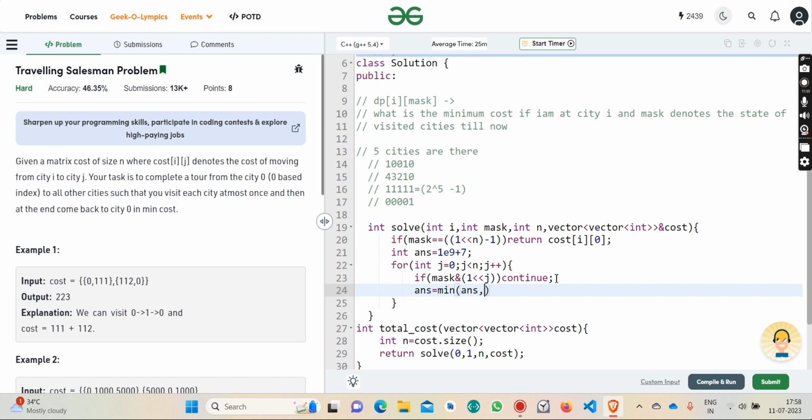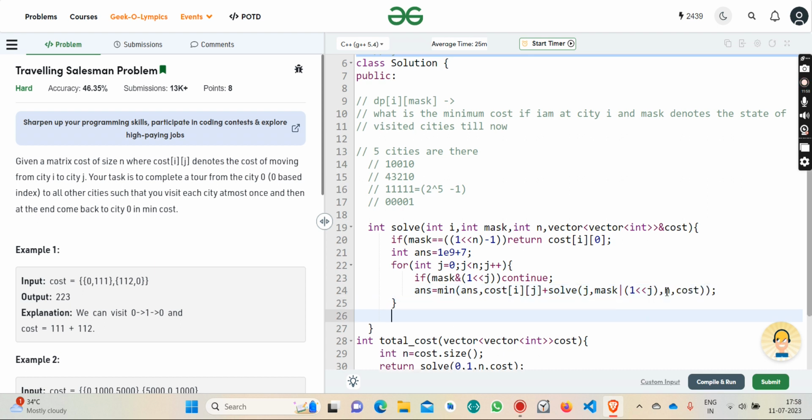Answer equals min of answer comma cost of I comma j, since I am going from city I to city j, so it will cost me cost ij, plus solve of j. Now the current city would be j, and in mask I will have to set bit j, now that I have also visited city j, and cost. Finally, I will return the answer.